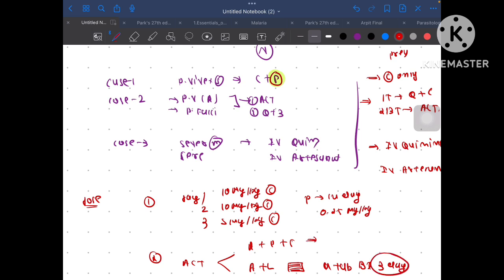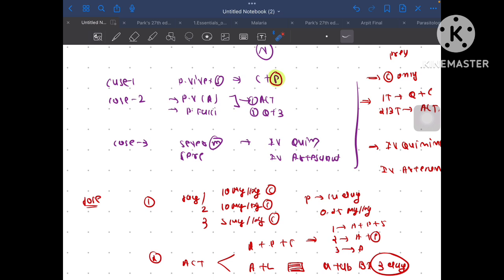In artesunate plus sulfadoxine-pyrimethamine, on day 1 we give artesunate plus sulfadoxine-pyrimethamine. On day 2 we give artesunate plus primaquine single dose, not pyrimethamine. On day 3 we only use artesunate. So it is also a 3-day therapy.